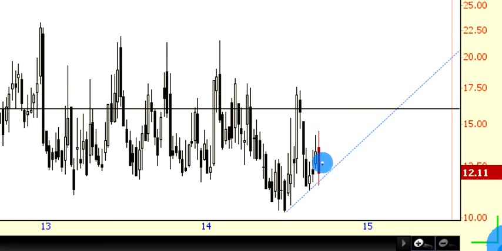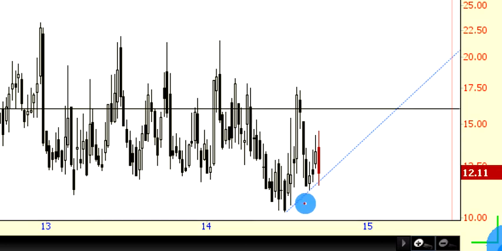Now, it could come back, and again, there's nothing magic about this line. It's just a visual way to think about the buying and selling that's taking place in the market. That's really what technical analysis is. These support and resistance areas, these trend lines, they mean something to buyers and sellers, and they react to them.